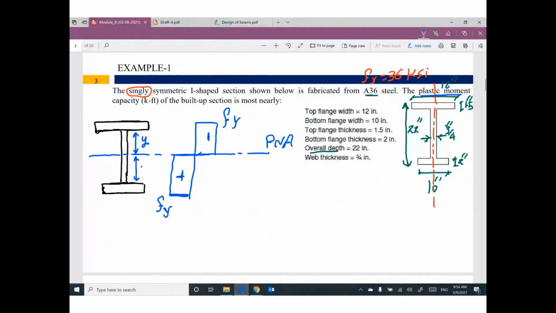That's right. It is 18.5 minus y, because the whole depth is 22. The depth between this surface and this surface will be 18.5 if you subtract 1.5 and 2. So if you assume this one is y, this one will be 18.5 minus y. This top flange will have compression C1. This little part of the web will have compression C2.